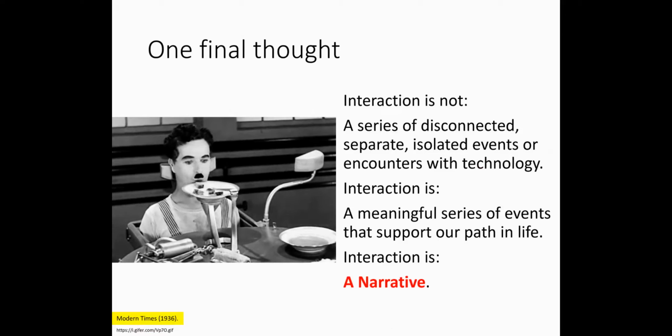And there is no line, you could say, that connects these into a certain experience. I think an interaction should really be a meaningful series of events that supports our path in life. In short, an interaction should be a narrative. We should be designing interaction narratives when we are thinking about interactive architecture.